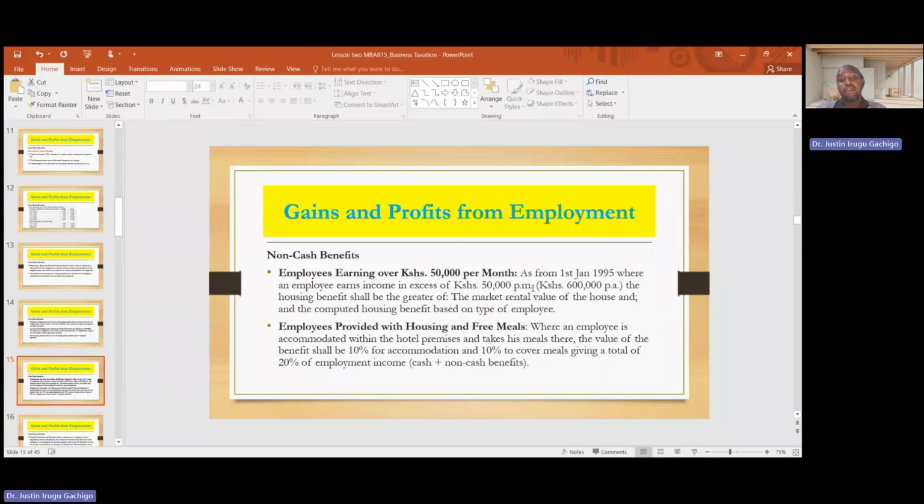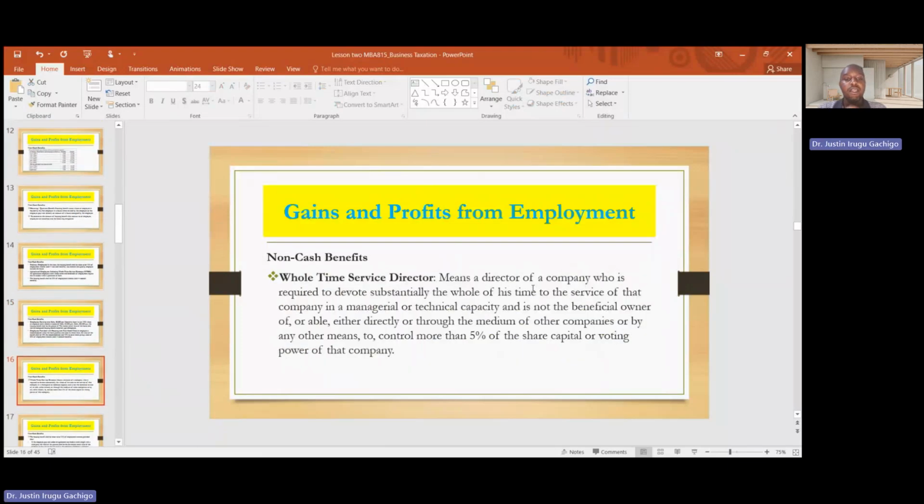In that hotel is where you are going to be taking meals, and where you are going to be having accommodation. If that is the case, it is 10% of the cost paid to the hotel as accommodation, and 10% that covers the meal. So that will sum up to 20% of the employment income.